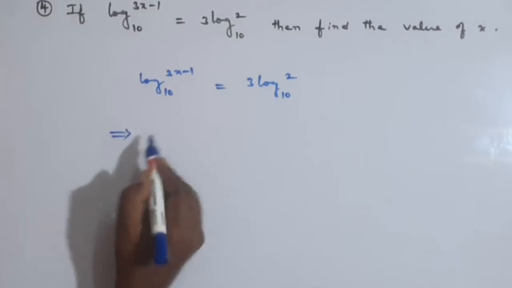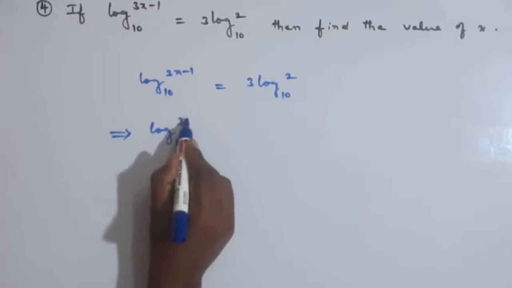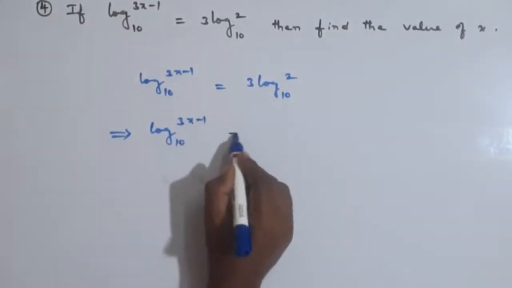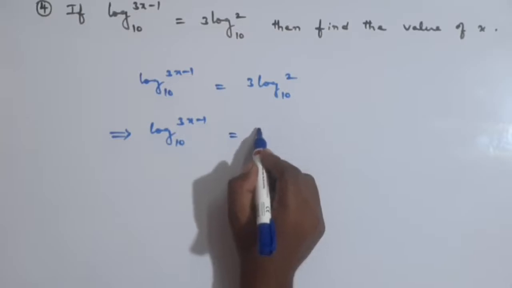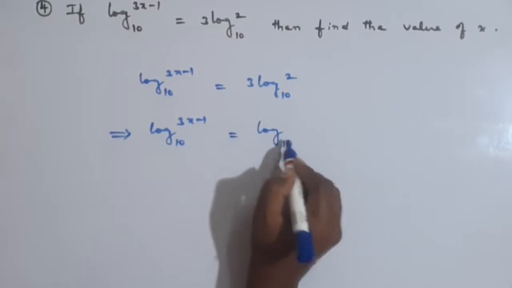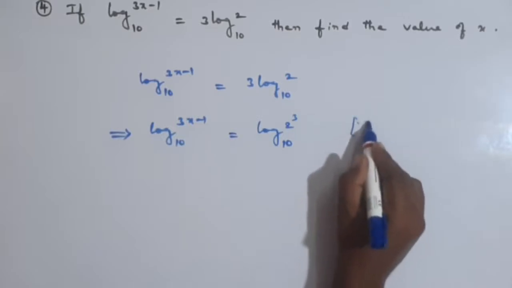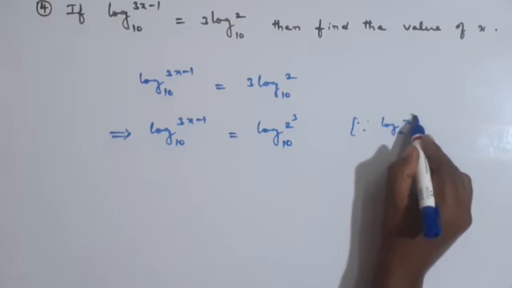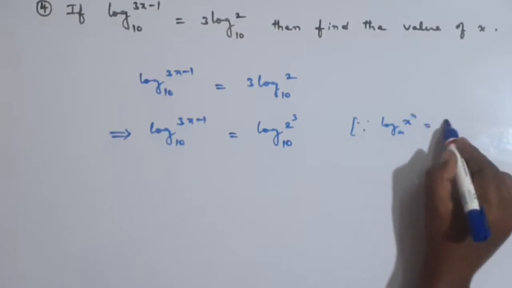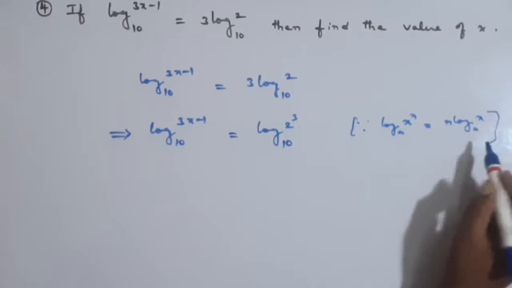Which implies log base 10 to 3x minus 1 equals log base 10 to 2 to the power of 3, by the formula log base a to x to the power of n equals n of log base a to x.